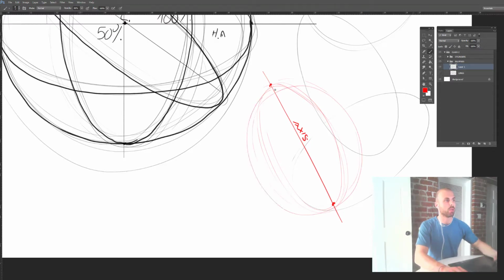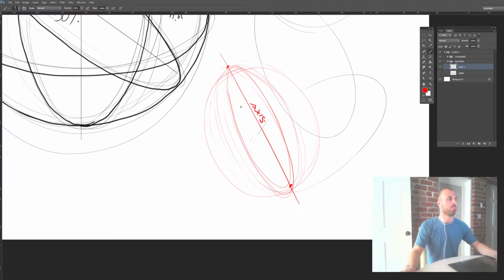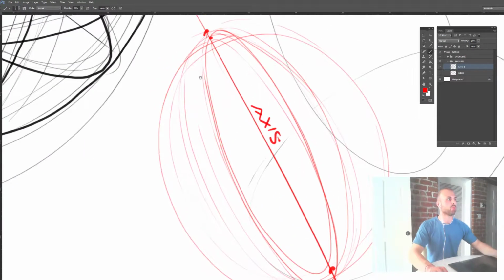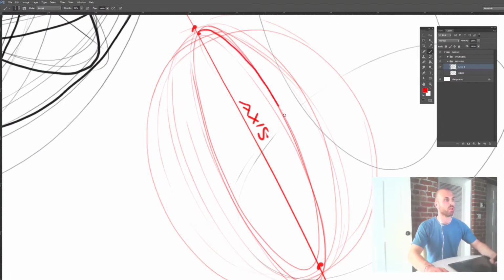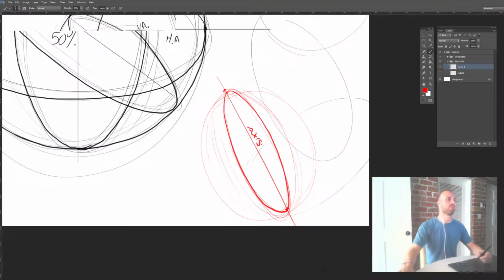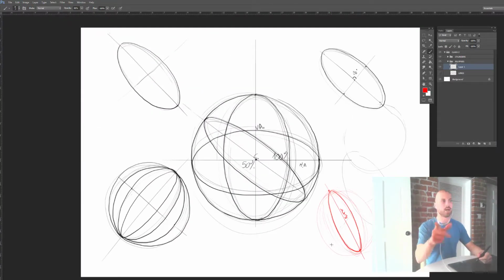And you can keep it wide, thin, it doesn't matter, but the axis is absolutely necessary to control the position of your ellipse. Okay? Go back and practice.